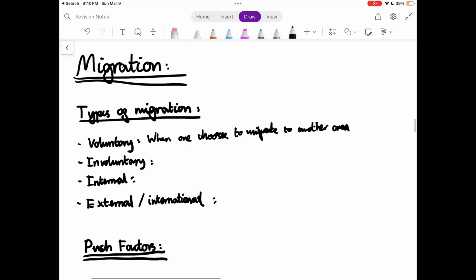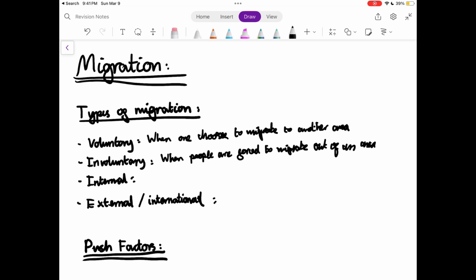Involuntary migration is when people are forced to migrate out of an area. And this could be due to natural disasters that may happen, like a landslide or an earthquake or a hurricane. And it can also be due to political issues such as civil unrest and instability.